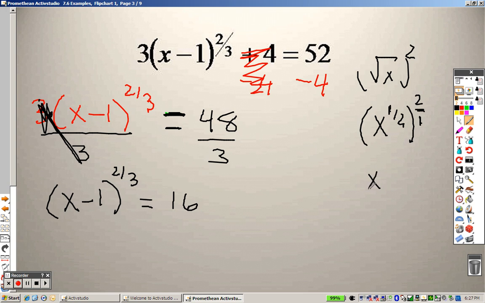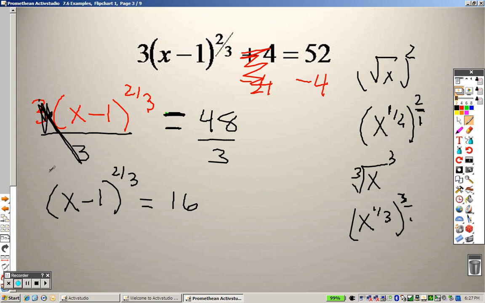If I had the third root of x, we said we take it to the third power to get rid of it. The third root is like saying to the 1/3 power, and I take it to the 3rd. What's the reciprocal of 1/3? 3/1.